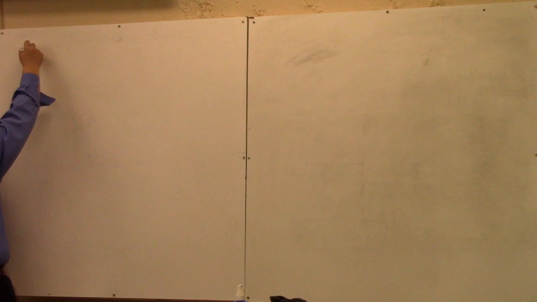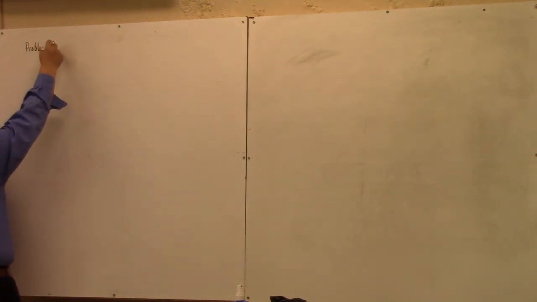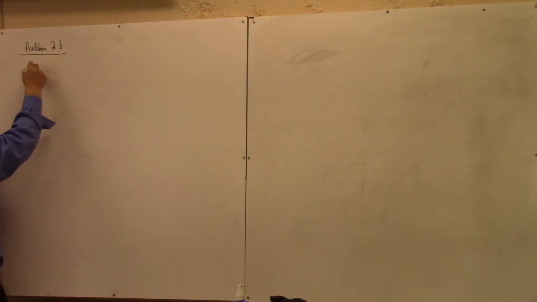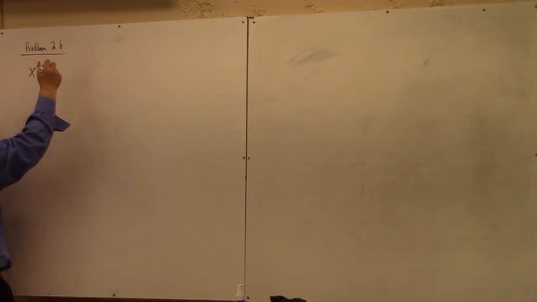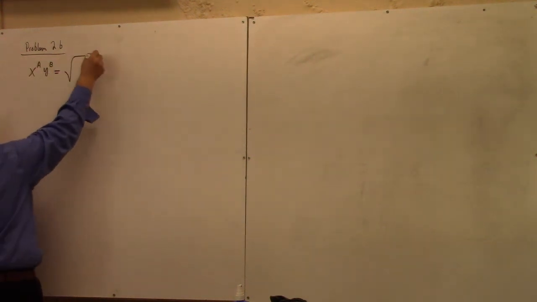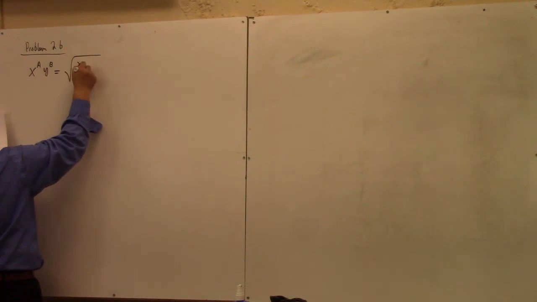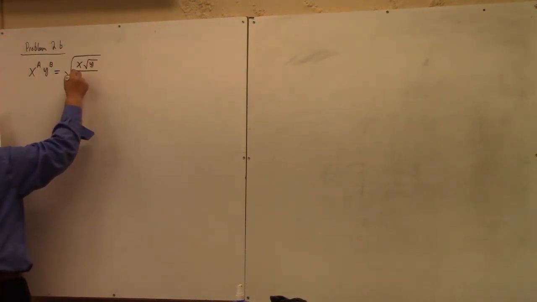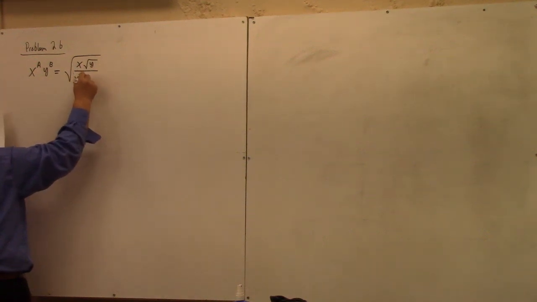Well, let's pick one. Problem 2. All right, so we're supposed to figure out what A and B are, given that x to the A, y to the B, is equal to the square root of x times the square root of y, divided by x to the minus 2, y cubed.